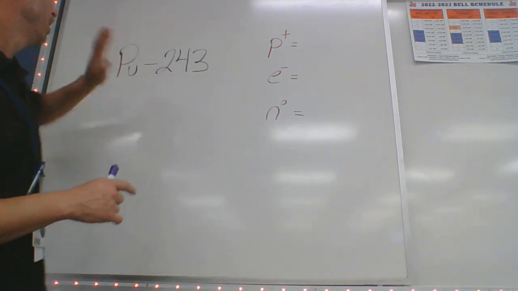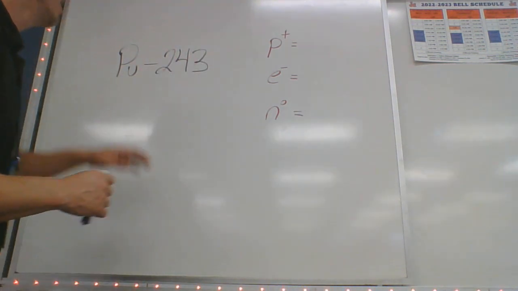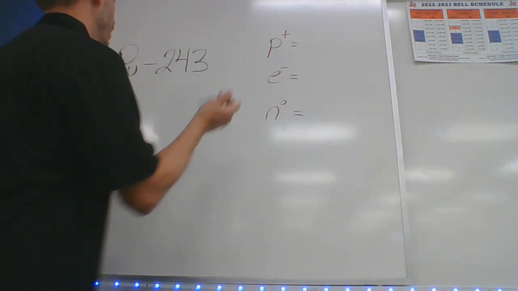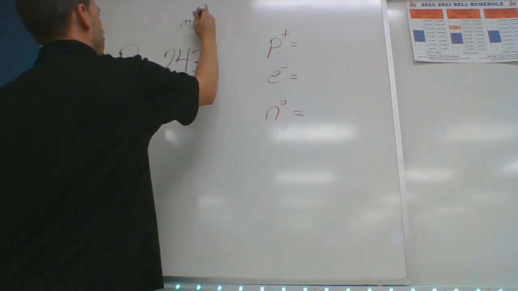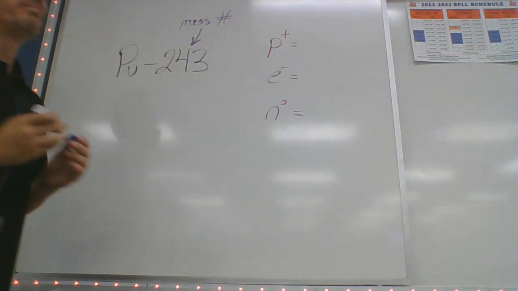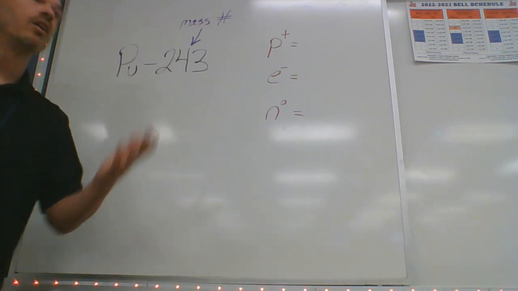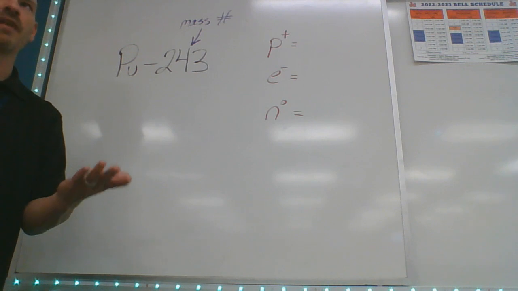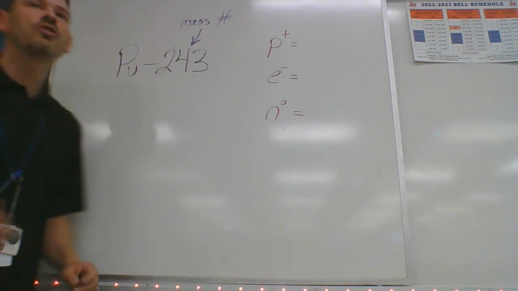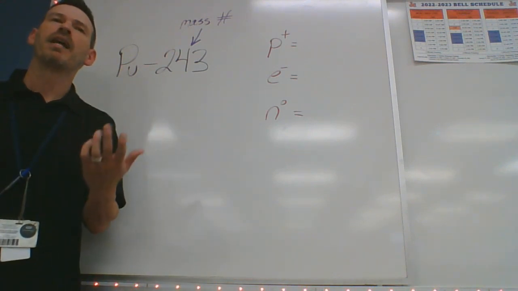The atomic number for plutonium never ever changes, but the mass can, which means the only number that's really worth showing you is the mass number. Because you can always go look up the atomic number on the periodic table. It never changes. But the mass number can change, so it makes sense that I show you the mass of the plutonium that I'm talking about.